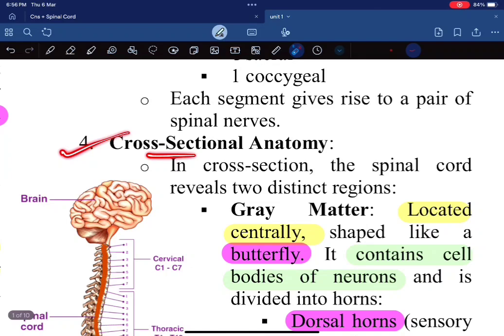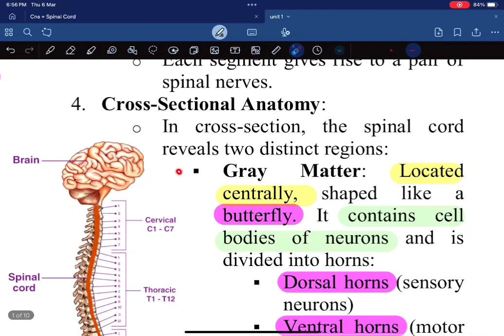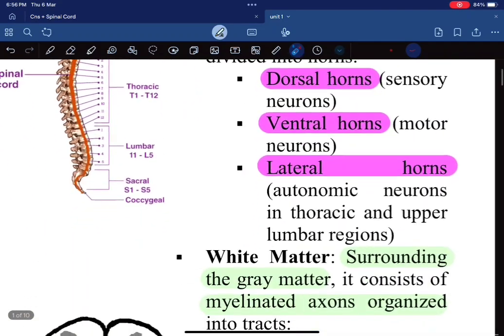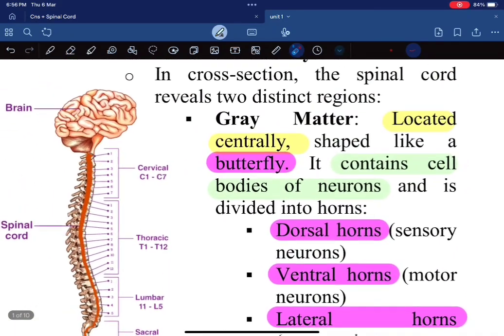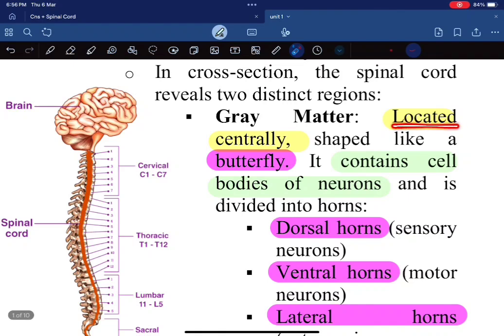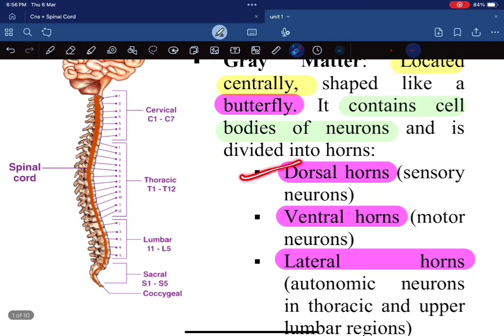In cross-section, the spinal cord reveals two distinct regions: first gray matter and second white matter. Gray matter is located centrally, shaped like a butterfly. It contains cell bodies of neurons and is divided into horns: dorsal horn, ventral horn, and lateral horn.